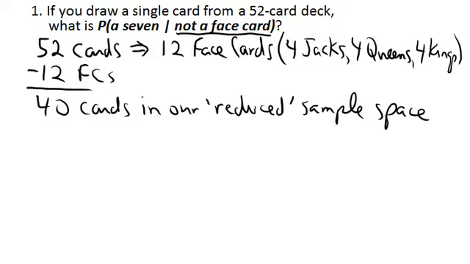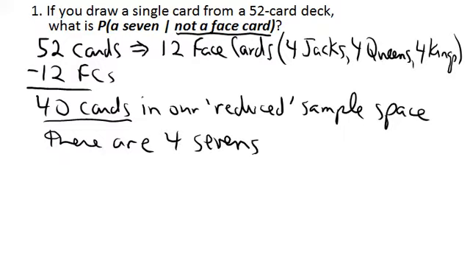Now from those 40 cards, there are 4 sevens. And why do I care about that? Because they want to know the probability that we draw a 7, basically given that there are only 40 cards in the deck because you got rid of all the face cards.